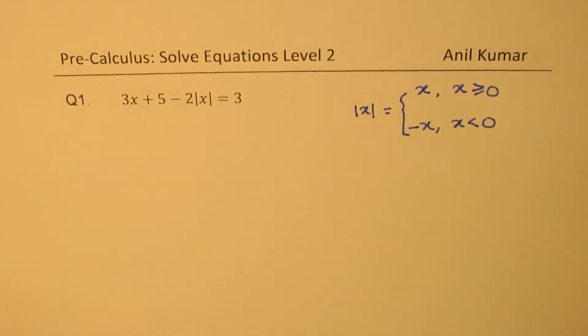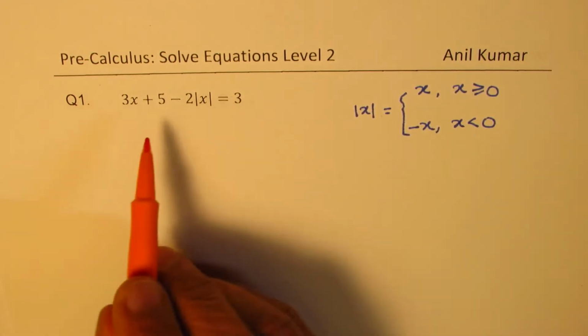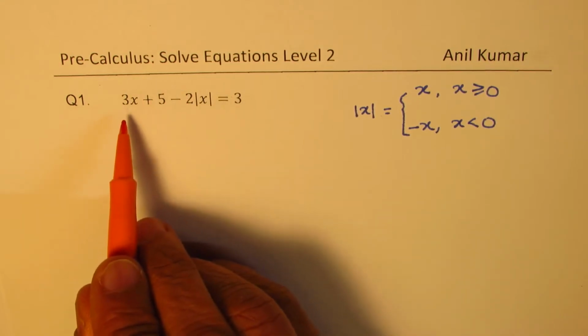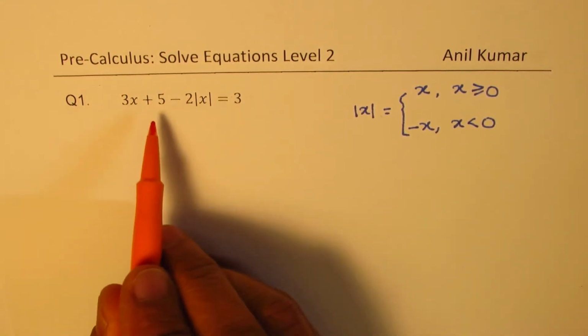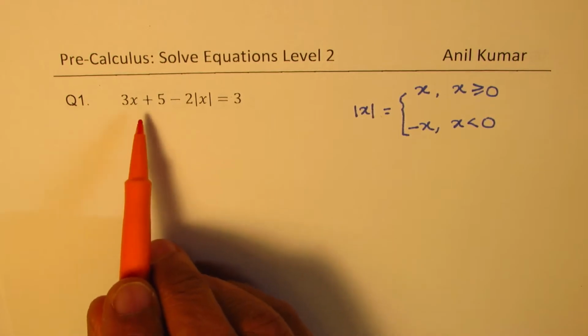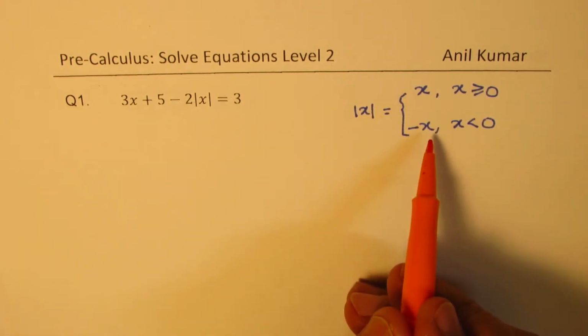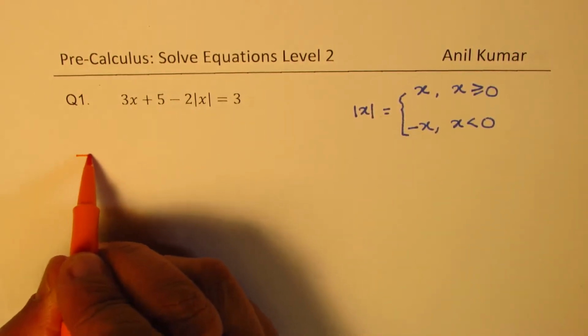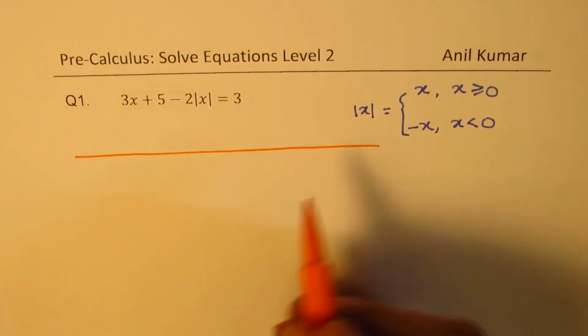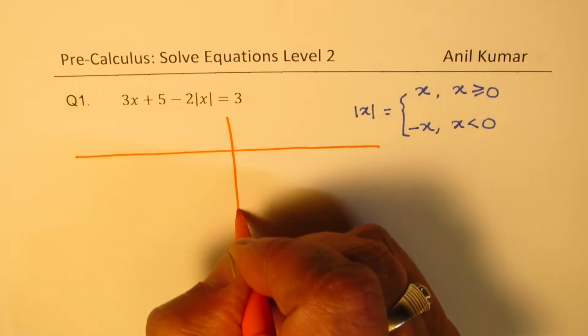So remember this, and that really implies that any absolute value function when involved in an equation should be treated as a piecewise function, and therefore we should be really solving this in two intervals.